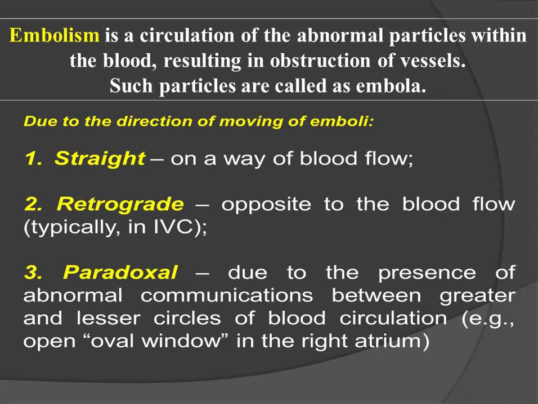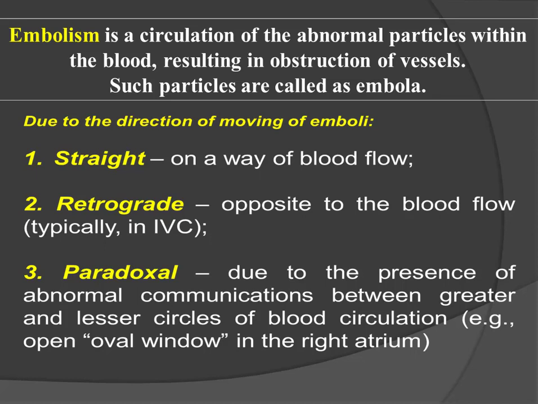From the left chambers of the heart or aorta, embolism of the arteries of the systemic circulation, and from the veins of unpaired abdominal organs, embolism of the portal vein system. Retrograde embolism is against the blood flow in the vena cava inferior, usually embolism by foreign bodies, when movement of the embolus is toward gravity but against the blood flow.